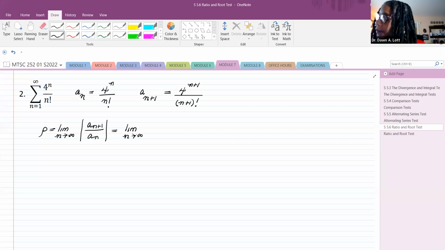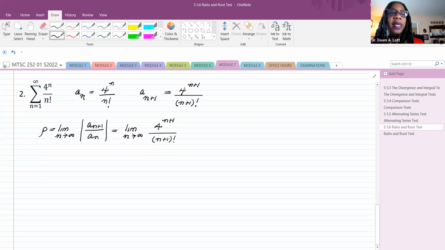So I can put an plus 1 as 4 to the n plus 1 divided by n plus 1 factorial.